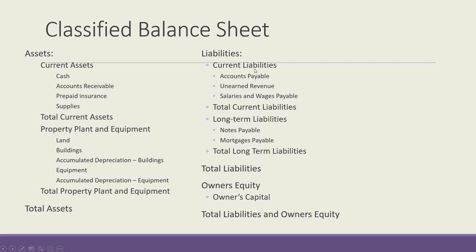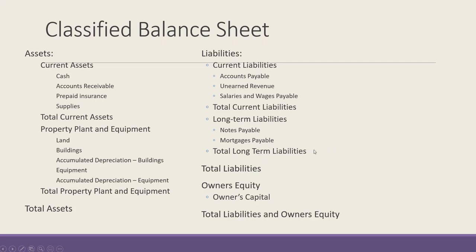On the right side over here, we have our liabilities, which also got broken down into additional categories. Current liabilities, things that are due within 1 year, like accounts payable, unearned revenue, salaries and wages payable. Again, we'll want to total our current liabilities. And then we move into things that are due more than a year from now, liabilities like notes payable and mortgages payable.